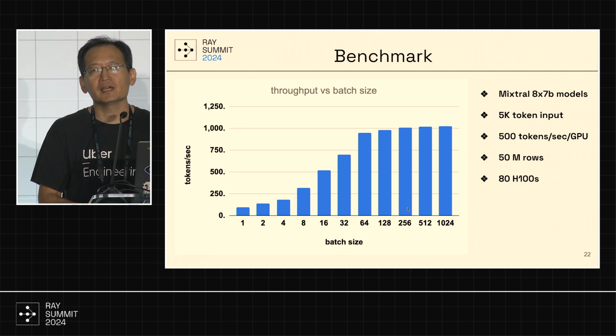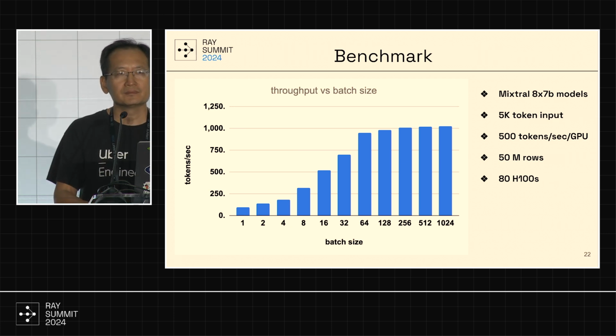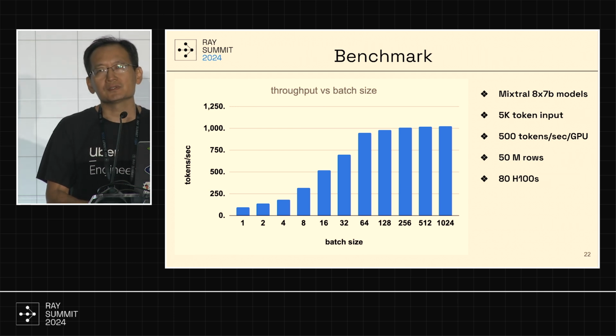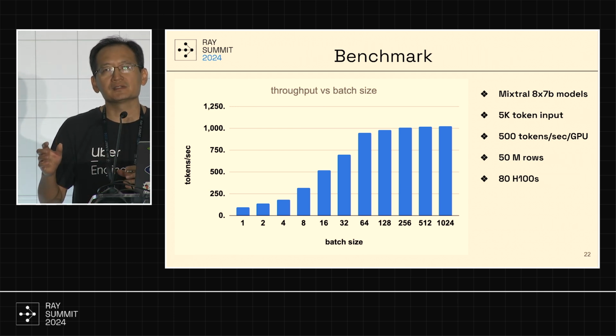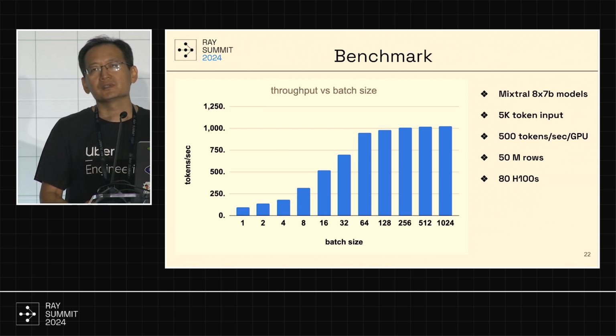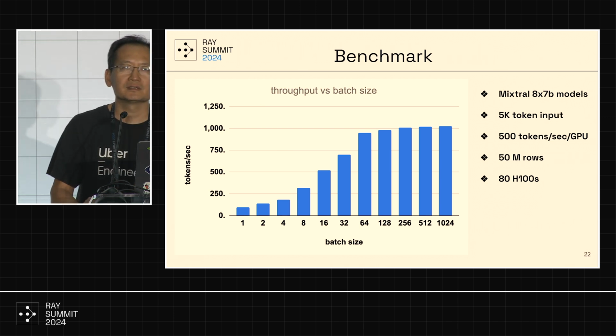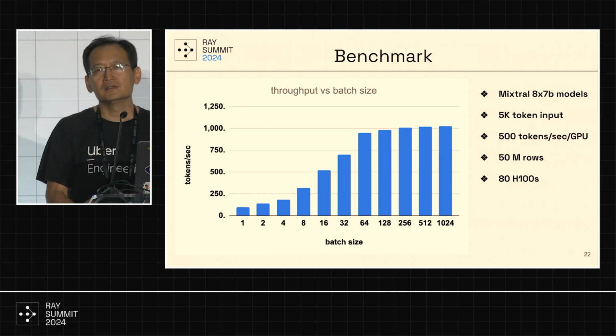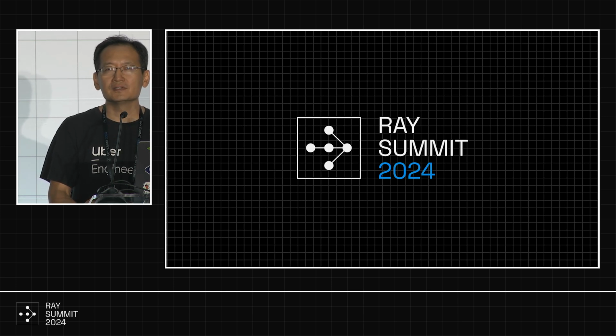Like for the KV cache, for a model so large that you already use 8 GPUs to host it, you're going to have limited memory for the KV cache. If you increase the batch size, you can run into a problem, and you need to reduce your batch size. That's one thing I can think of. Hopefully that answers your question.